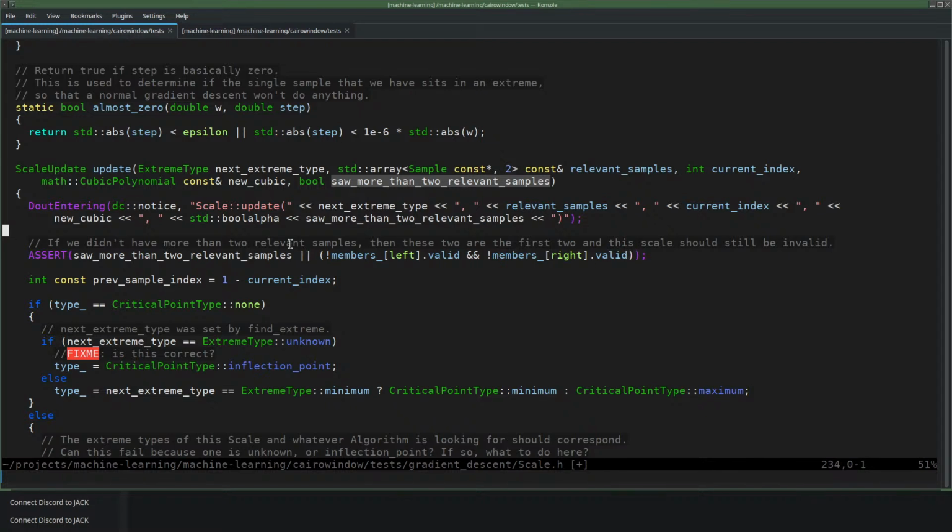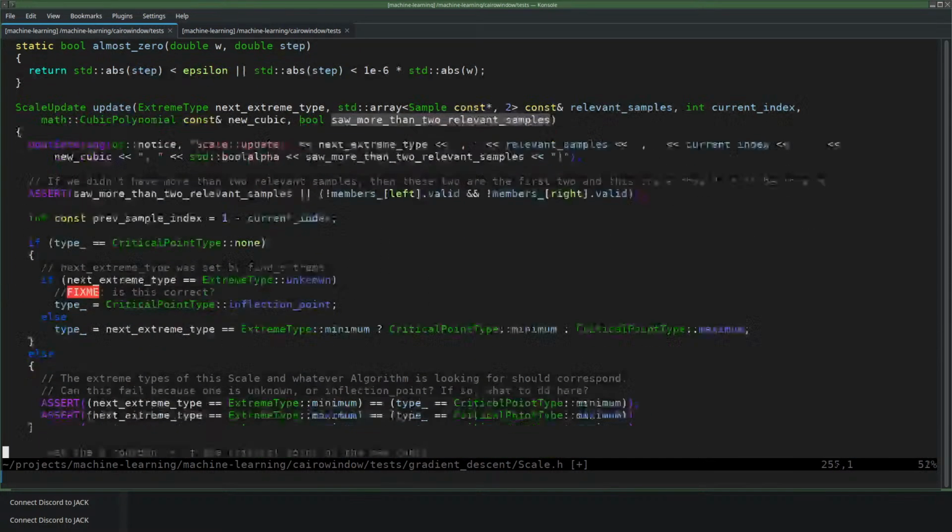Which also means I think that the cubic is not set yet. I have no idea. Let me just try this.